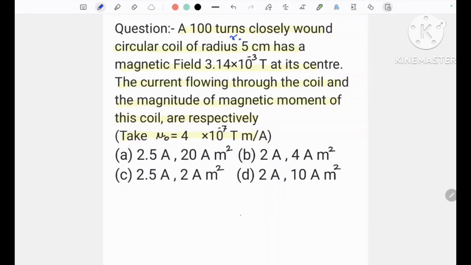So, radius is 0.05 meter, turn n is equal to 100, this is B is equal to 3.14. Suppose current through this coil is I and magnetic moment is capital M.